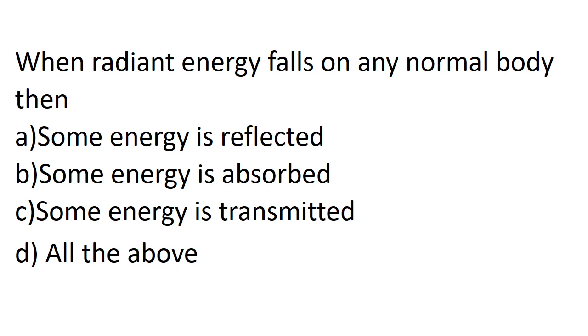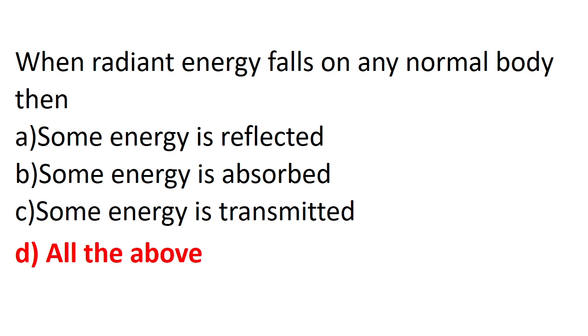When radiant energy falls on any normal body, then some energy is reflected, some energy is absorbed, and the remaining energy is transmitted. If the body is normal, any body, then all these processes occur simultaneously.